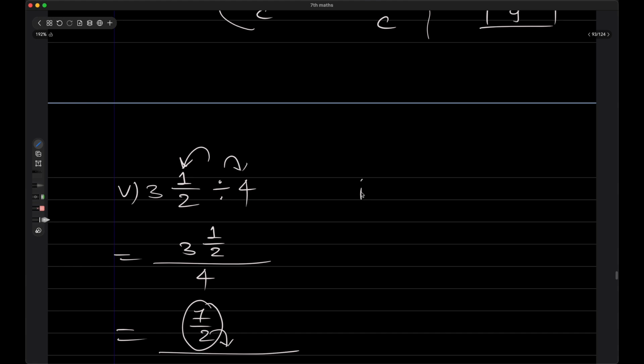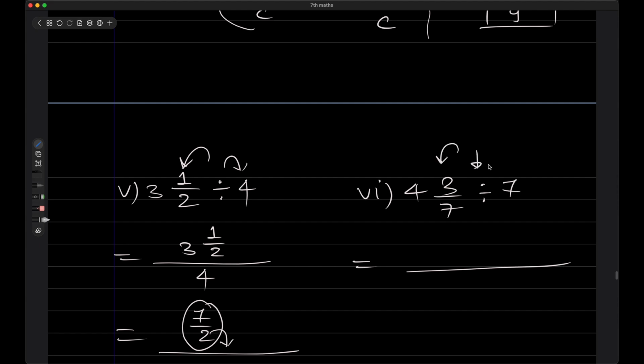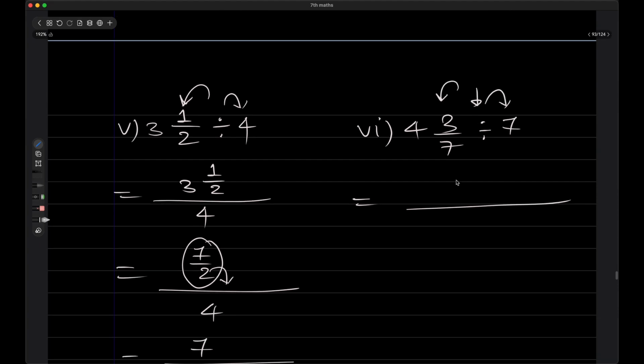Sixth, 4 whole 3 by 7 divided by 7. Starting from the division sign, write the left side above the division sign and right side below the division sign, that is 4 whole 3 by 7 and 7.